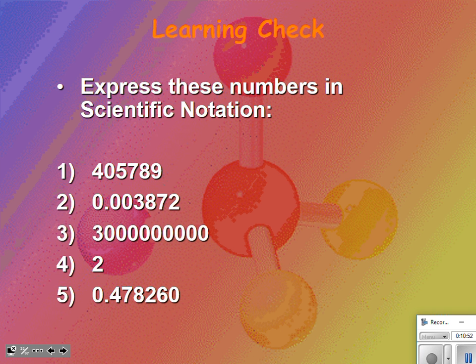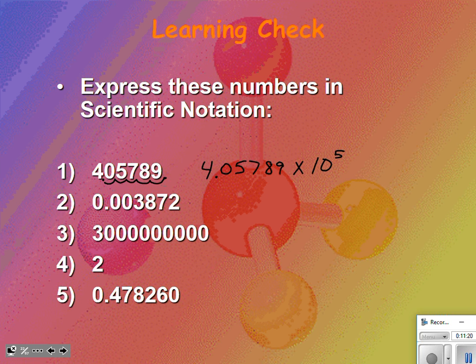What I'm going to do is my decimal's here. I'm going to move it to here. So my number is going to be 4.05789, and I've moved that 1, 2, 3, 4, 5 times 10 to the 5th.